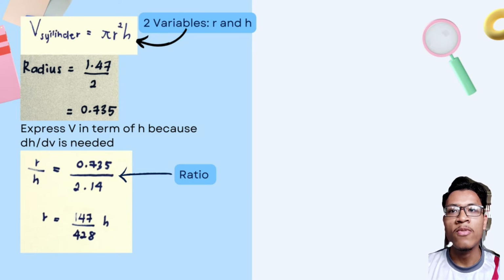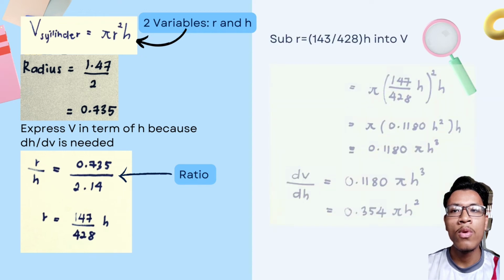Then express v in terms of h because dh over dv is needed. I will use the ratio between radius and height, so r over h equals 0.735 over 2.14, and the answer will be r equals 147 over 428 h.